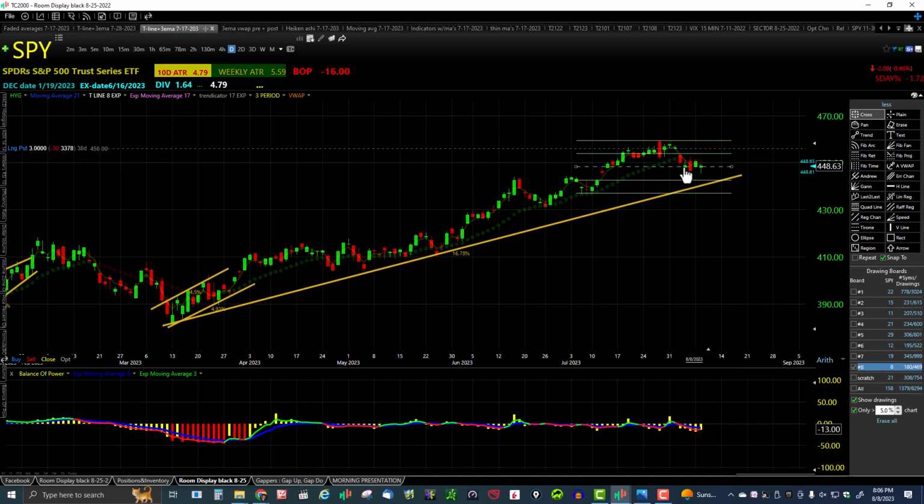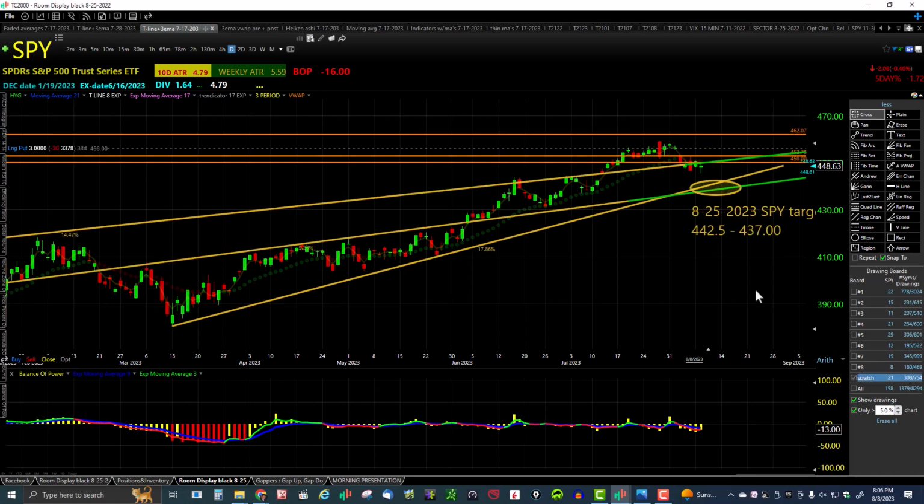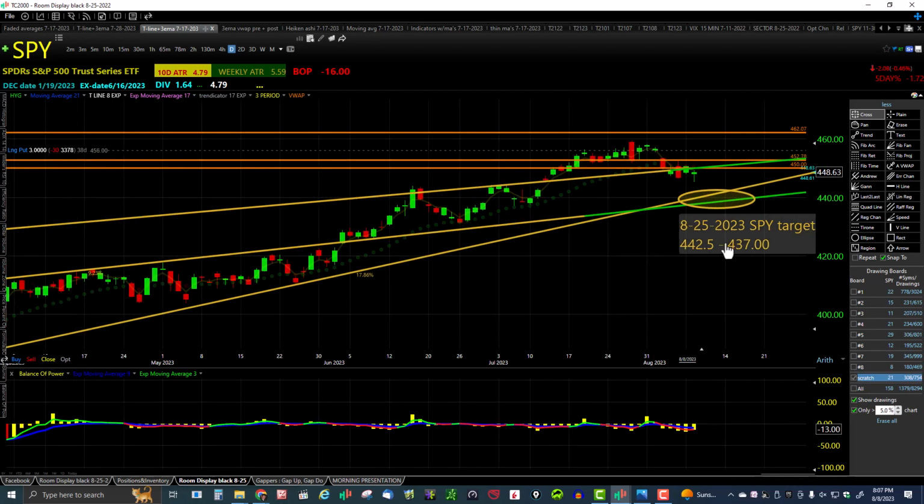And for me, I'm looking at a downtrend here. So as I look at it, I'm looking for a target right here, maybe before 825, a SPY target somewhere in the neighborhood of 442.50 and 437.